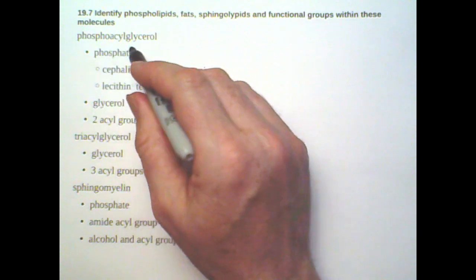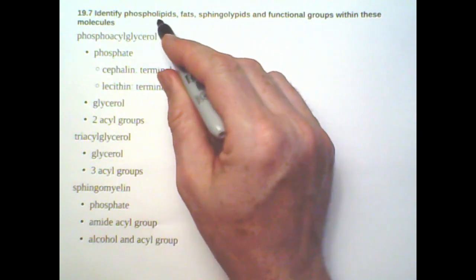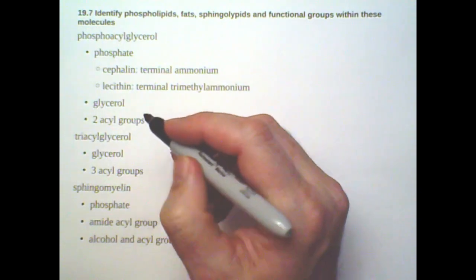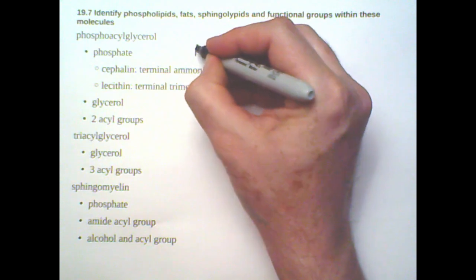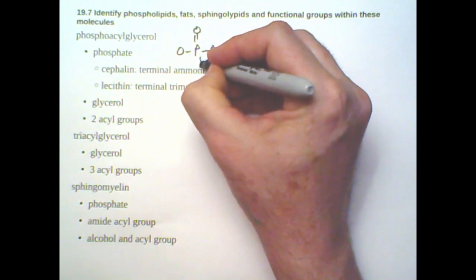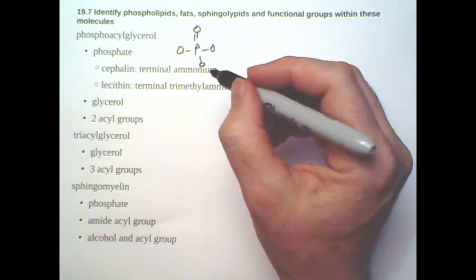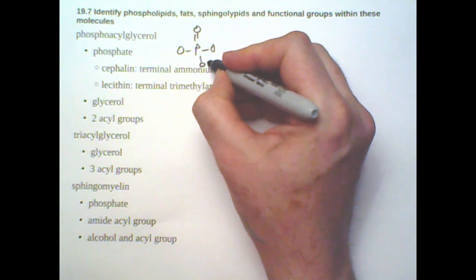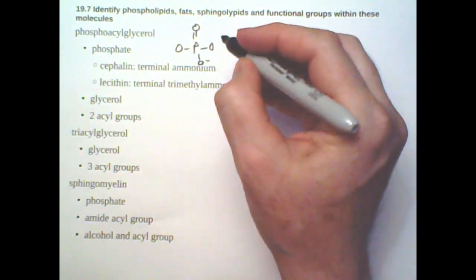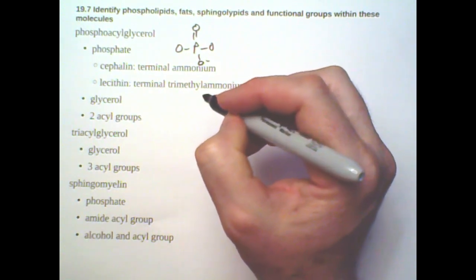These phosphoacylglycerol molecules, or phospholipids, they all have phosphate in them. So we're going to look for groups that have P connected to O's, and they're going to have negative charges on them. And I'm not drawing everything about them because they connect onto other parts of the molecules.